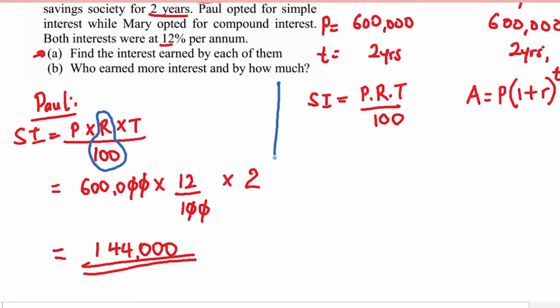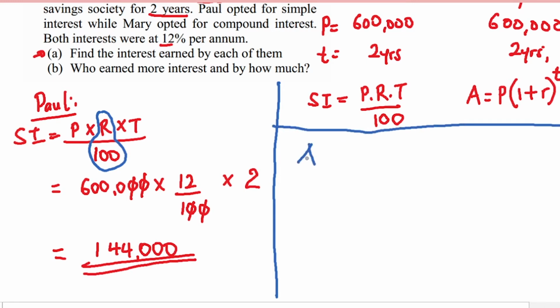Now let's look at the interest earned by Mary after 2 years. For Mary, we know that the amount is going to be given by the principal, which is 600,000, multiplied by 1 plus the rate.